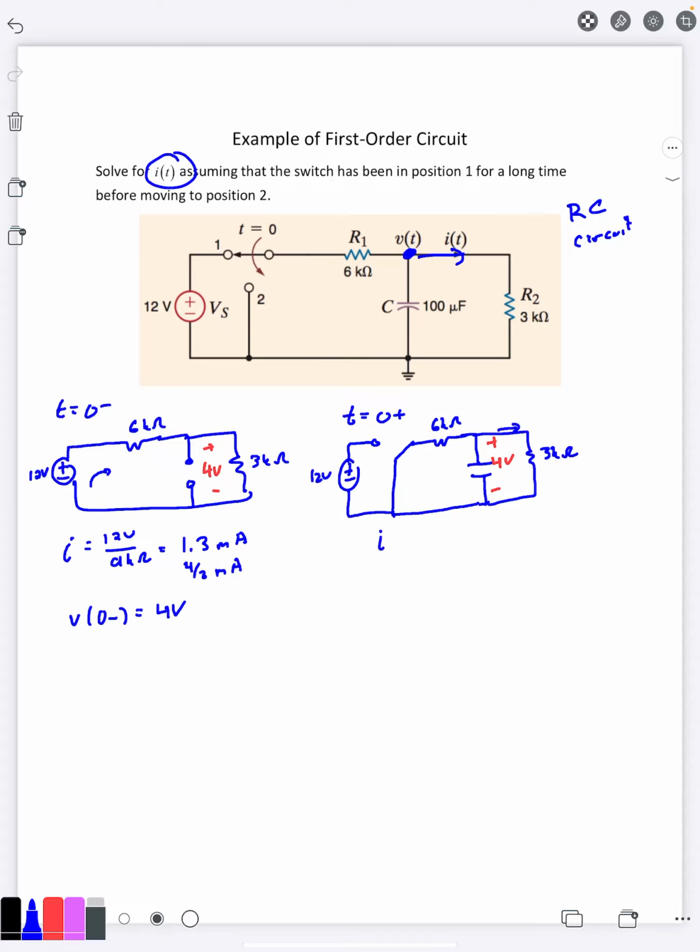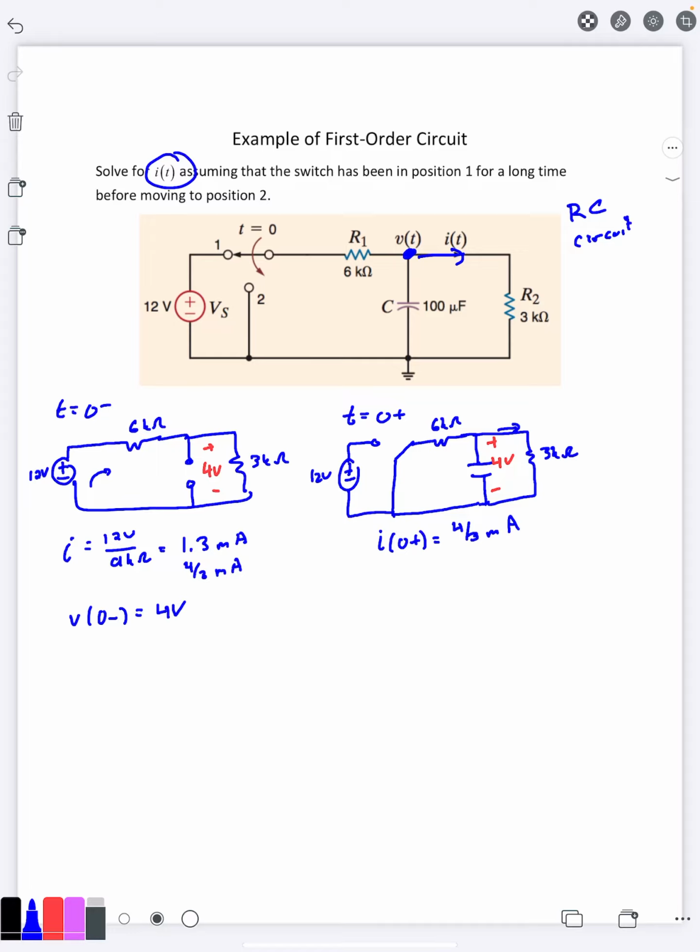But since this resistor was in parallel with a capacitor, and the voltage across the capacitor cannot change instantaneously, that means the voltage across the resistor in parallel will not change instantaneously, which guarantees that our current through the resistor will not change instantaneously. So we're going to have 4/3 milliamps here. That's going to be our starting value of our current.